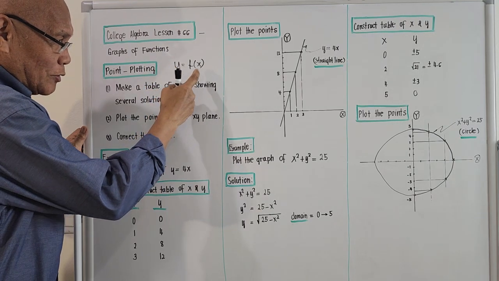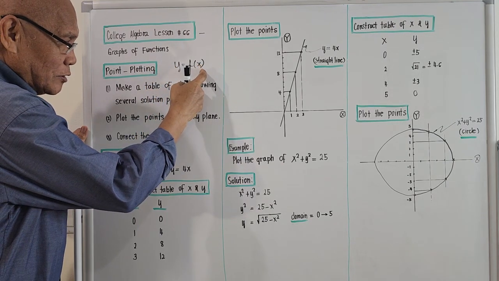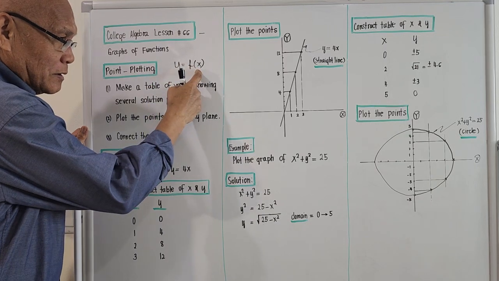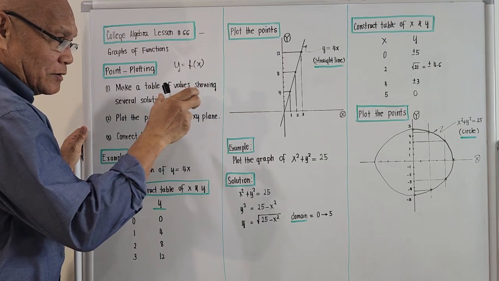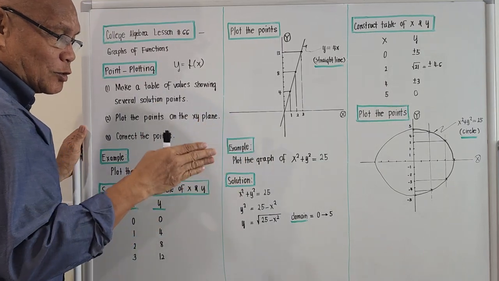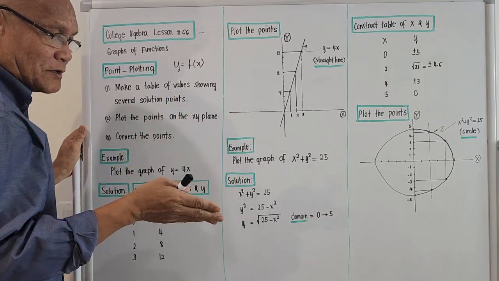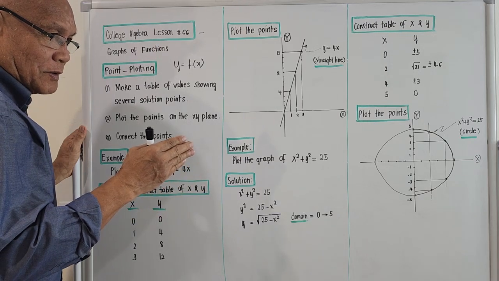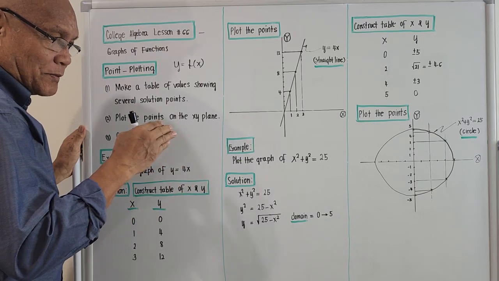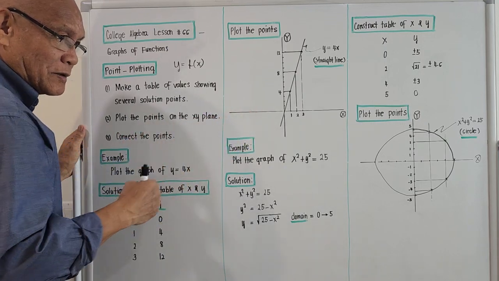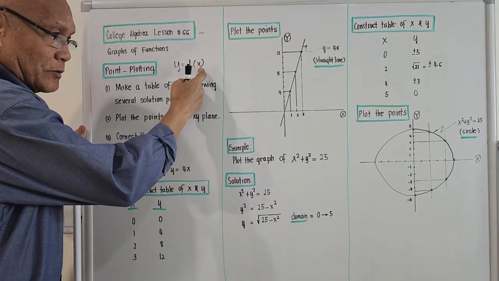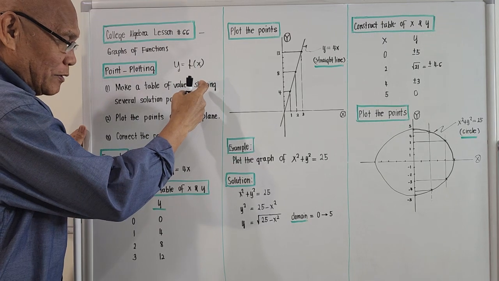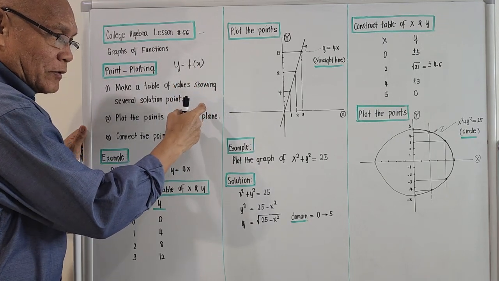So meaning to say, if you assume a value of x, you will compute for y, then you go to the next step. You might go lower or higher, it depends on what you want, but the proper procedure is to go from lower to higher value, right? So if you start with 0, the next one will be maybe 1 or 2, okay?